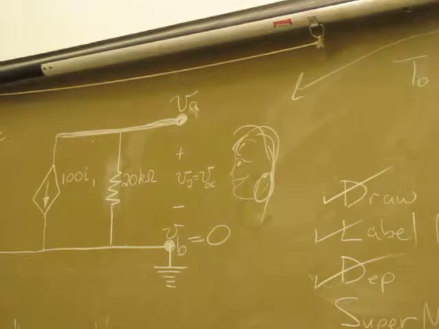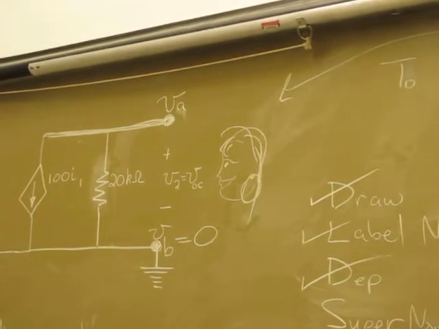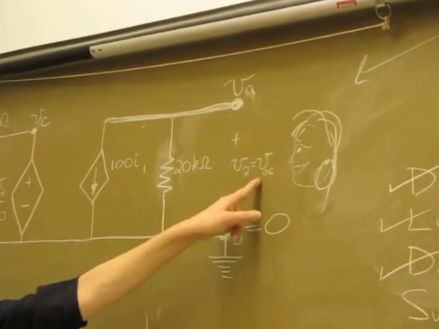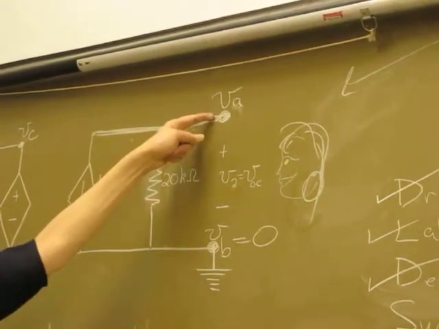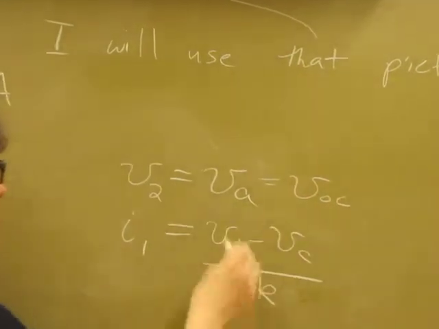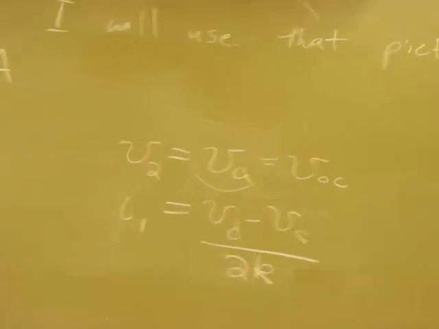It's very important to identify it, because otherwise I'm looking for something and I don't even know where it is. Now I know where it is. So don't forget to do that. It looks like V2 is equal to VA. It also happens to equal what we're looking for, VOC. So as soon as I find the node voltage VA, I'm done with this part of the problem.